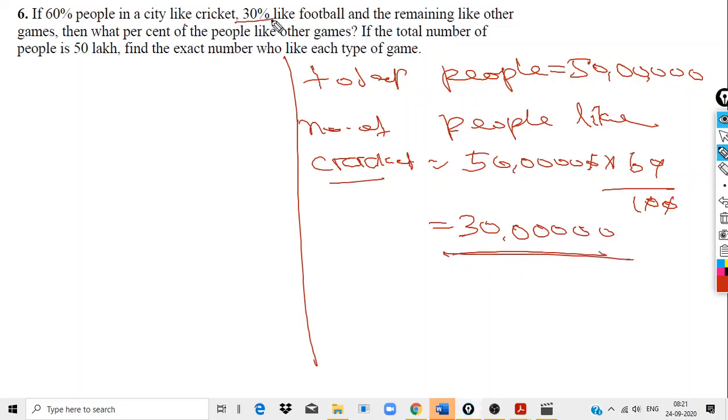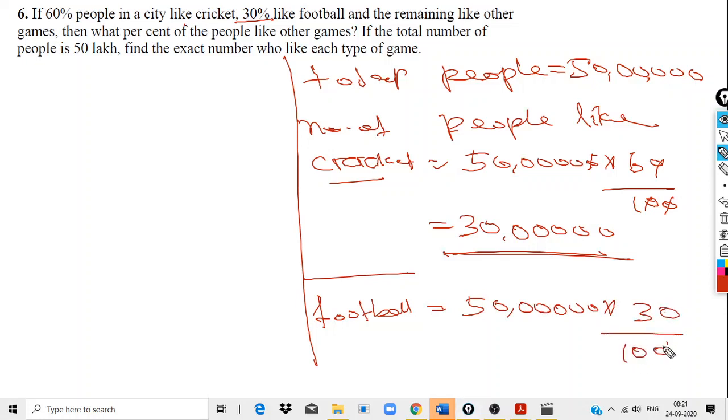Similarly, we'll find football. The number of people who like football is equal to 50 lakh into 30%, so 30 by 100. Cancel 2 zeros here, 1 and 1 here, equal to 15 lakh. So 15 lakh people like football.